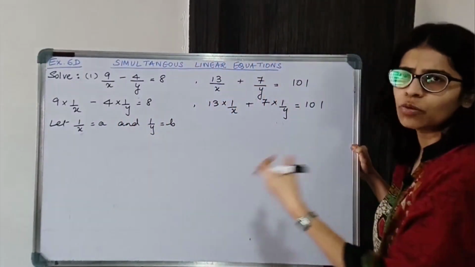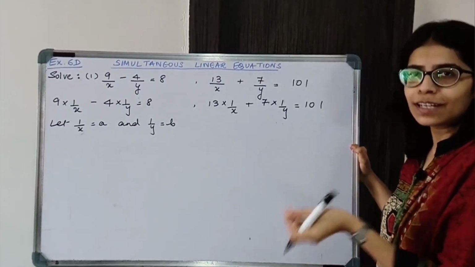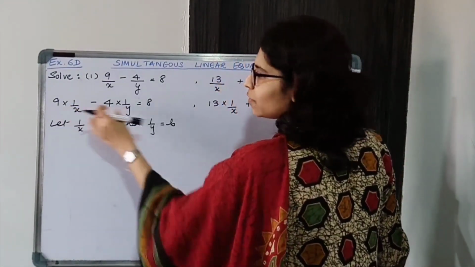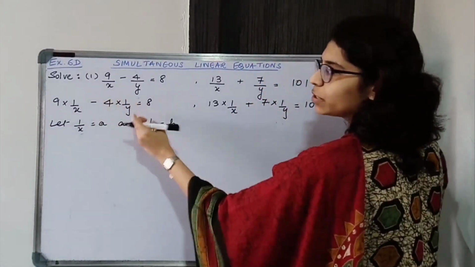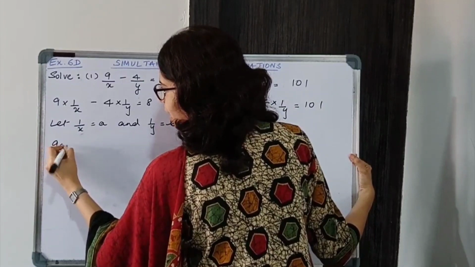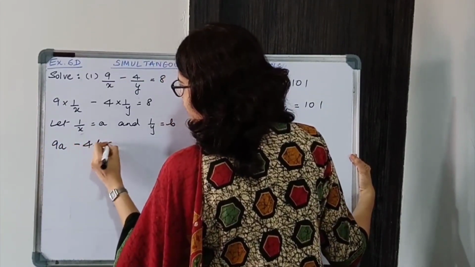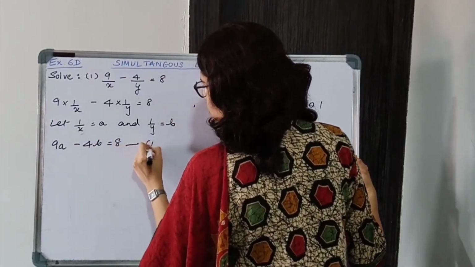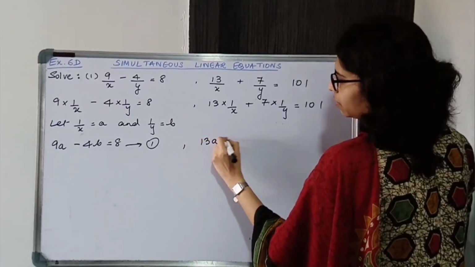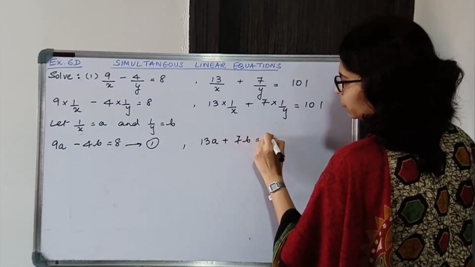You can take p, q, m, n, alright, but not x and y. So 1 upon x will become a, 1 upon y will become b. We'll substitute the values over here and here. So this will become 9a minus 4b equals 8. Mark this as 1. Over here 13a plus 7b equals 101.